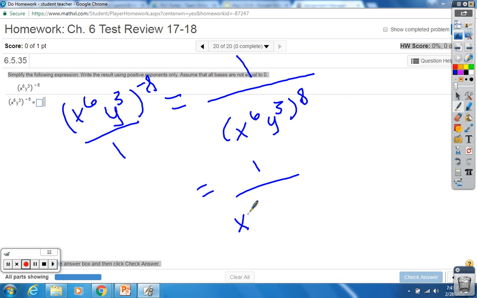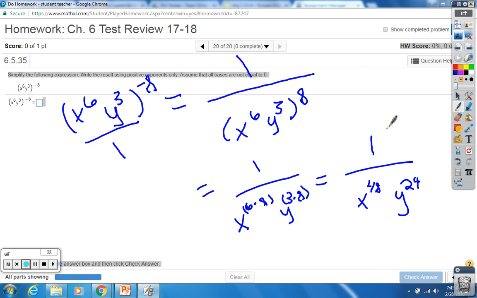So I'll have x to the 6 times 8, and y to the 3 times 8. If I was going to simplify that, I'd have 1 over x to the 48, and 3 times 8 would be 24, so y to the 24. And that would be my final answer there.